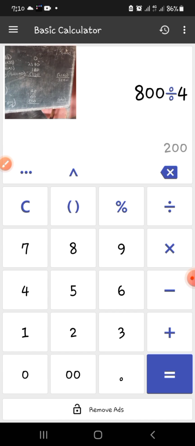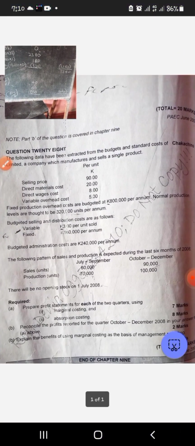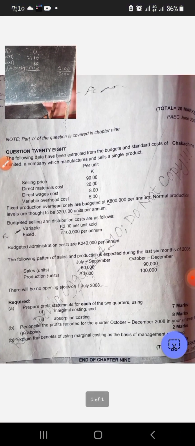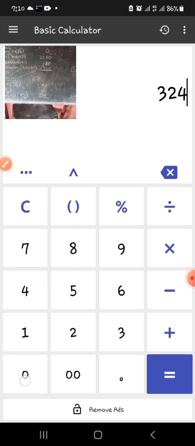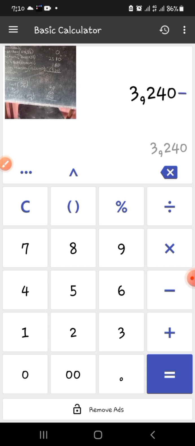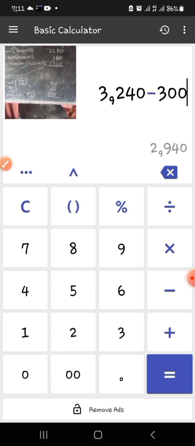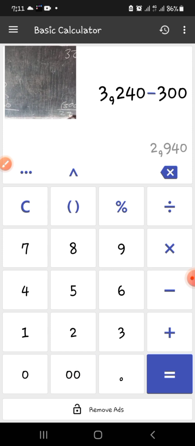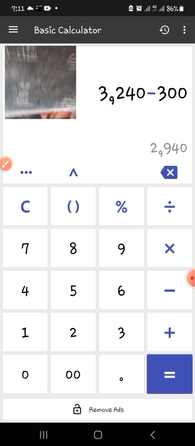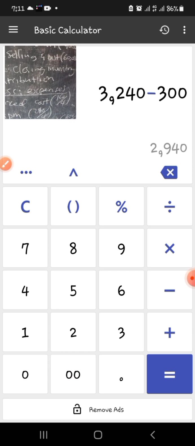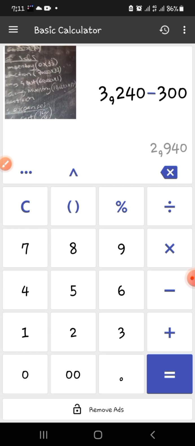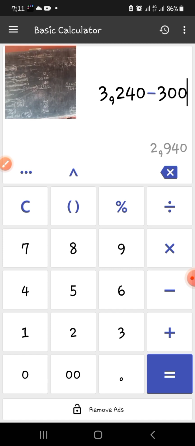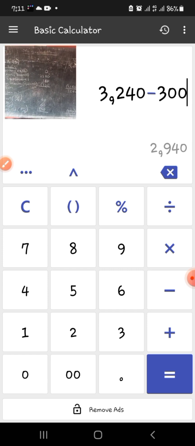And then when you take the 3240 minus the 300, you have your 2940. This 2940 is now going to be called our net profit. So that's how we prepare a profit statement using marginal costing.